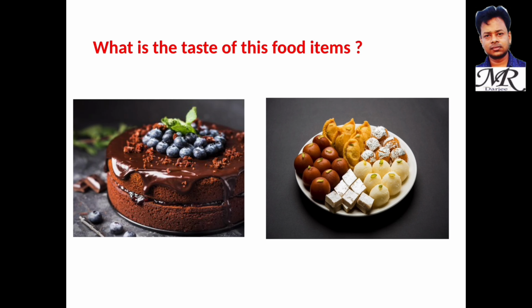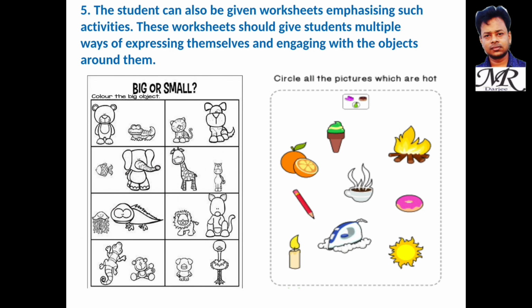Now say, what is the taste of these food items? The student can also be given worksheets emphasizing such activities. These worksheets should give students multiple ways of expressing themselves and engaging with the objects around them. These are the examples of some worksheets.